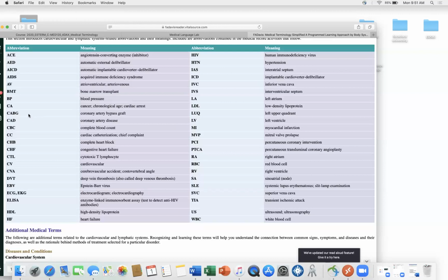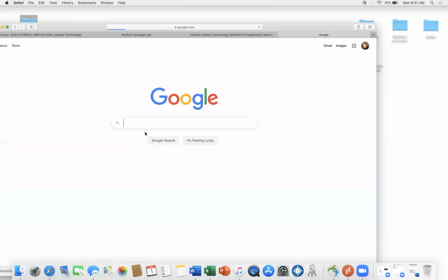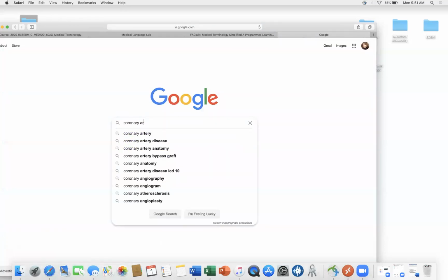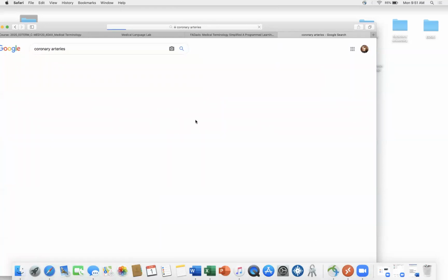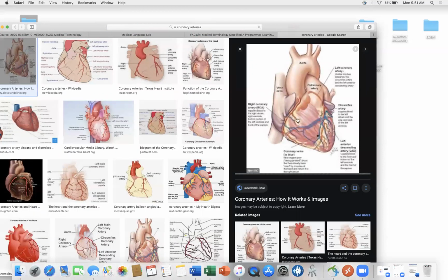Coronary artery bypass graft. Now, if you look at the heart, all the arteries and veins surrounding the heart and feeding the heart are called your coronary arteries. What happens when there's a blockage here? Let's say there's a blockage here. What we do is we bypass it.